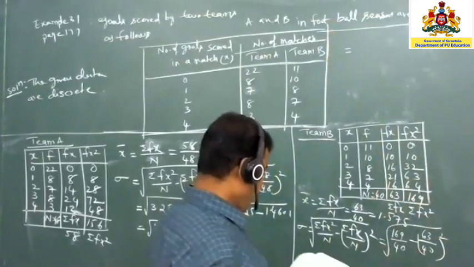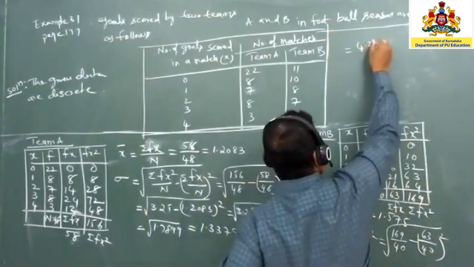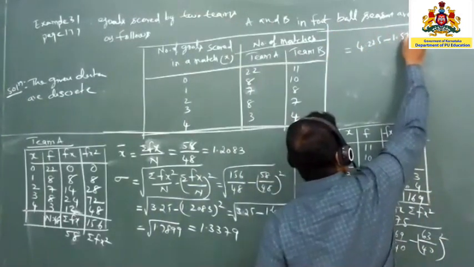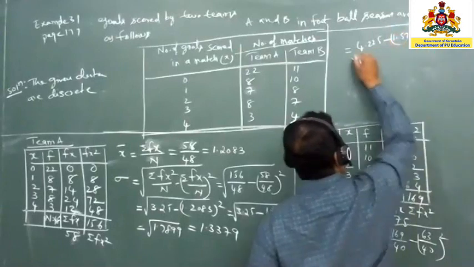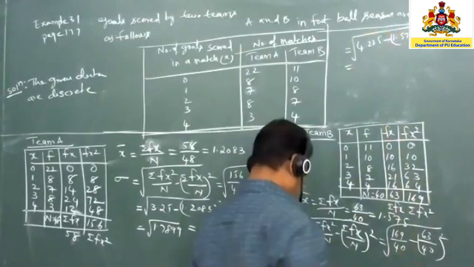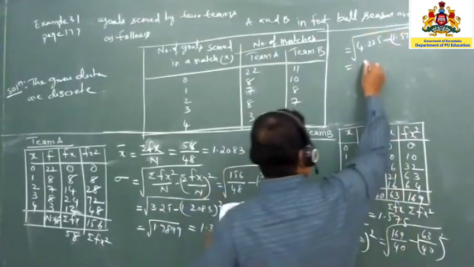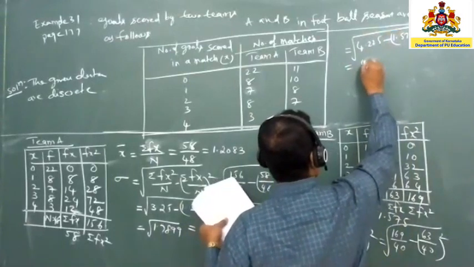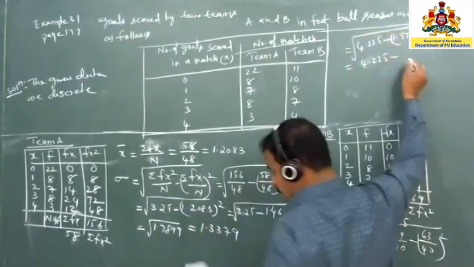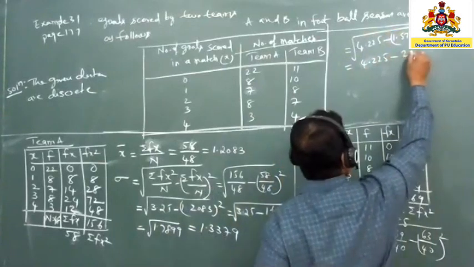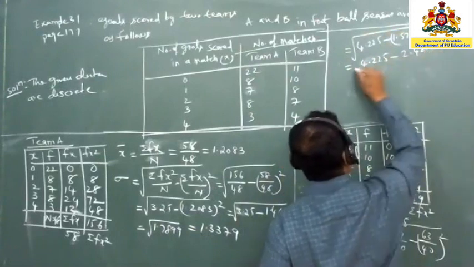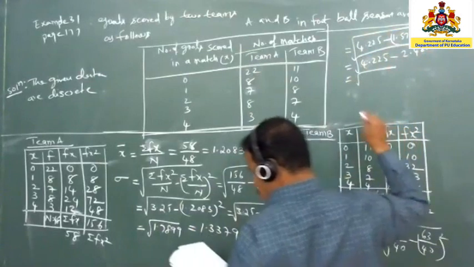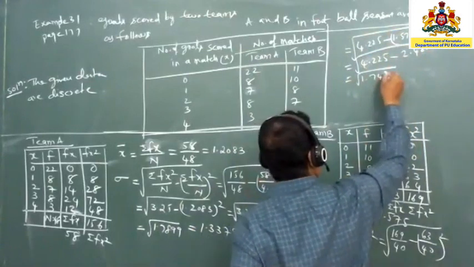169 by 40 is 4.225 minus 1.575 whole square, equal to square root of 4.225 minus 2.4806, which is square root of 1.7444.